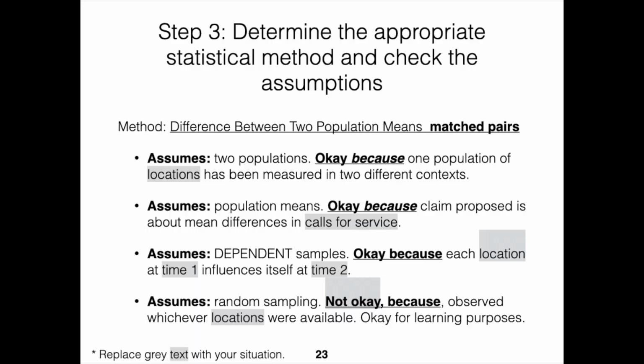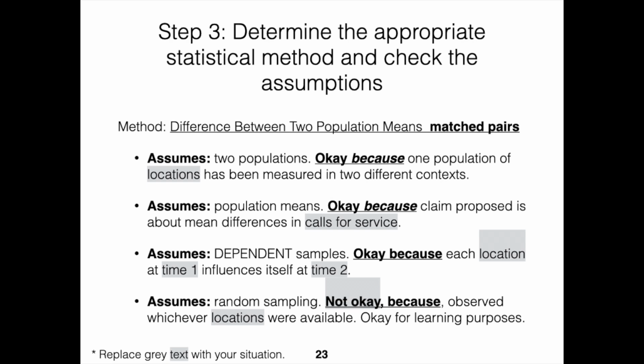So the method we're using is the difference between two population means method with the matched pairs design. It assumes two populations, and this is okay because we have one population of locations that has been measured in two different contexts. For Initiative Laser Point, I've got different locations.